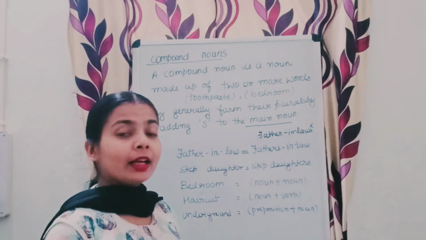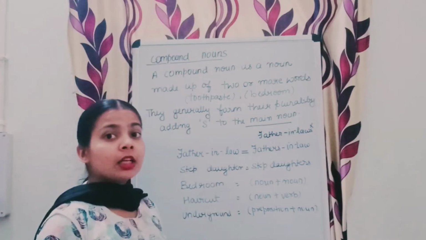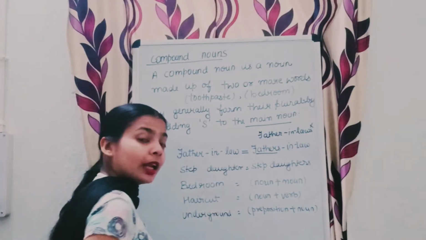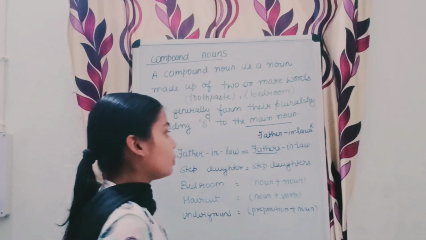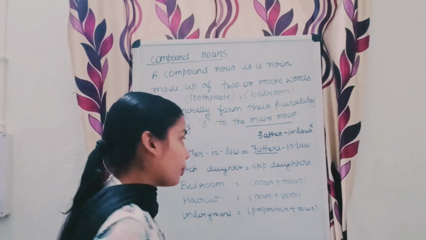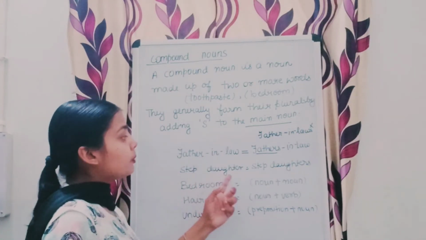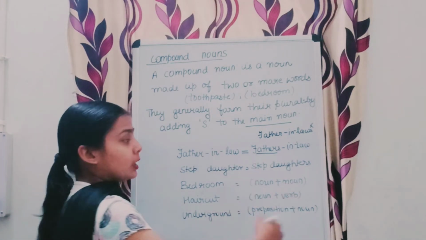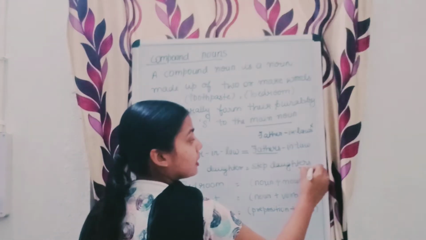You need to add s in the main noun, and here the main noun is father. Okay, so we will add s in father. So it will be fathers-in-law, not father-in-laws. Like next, stepdaughter. It will be stepdaughters.